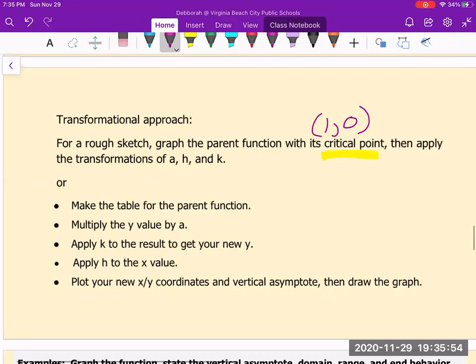Make sure that you always graph your vertical asymptote. Or you can make a table for the parent function, then multiply the y value by a. A affects the y value, the value of the function. Apply k to the result of your y to get your new y. Apply h to the x value to get your new x. And then plot your new x, y coordinates and your vertical asymptote to draw the graph.